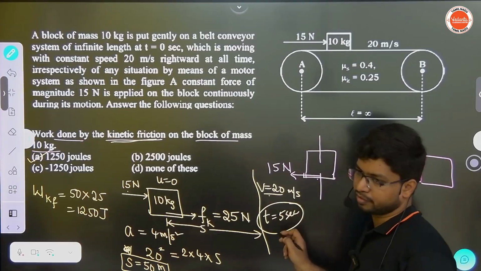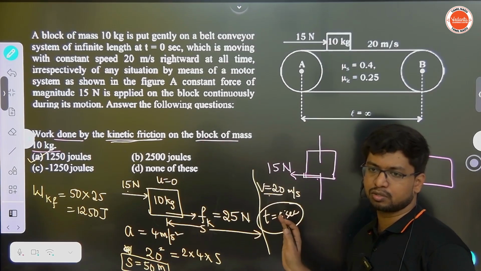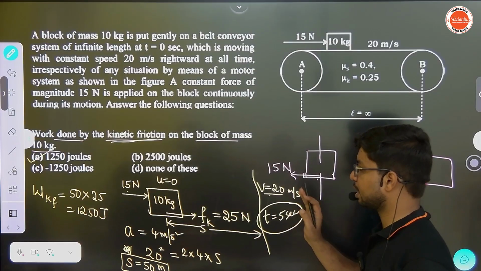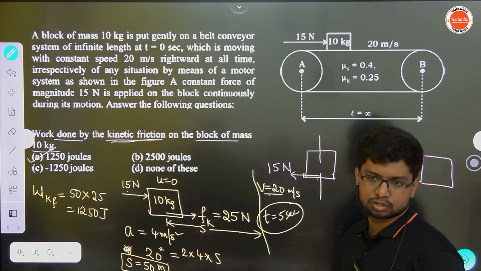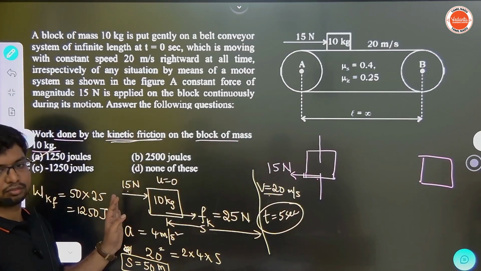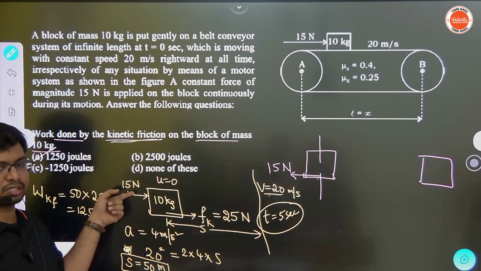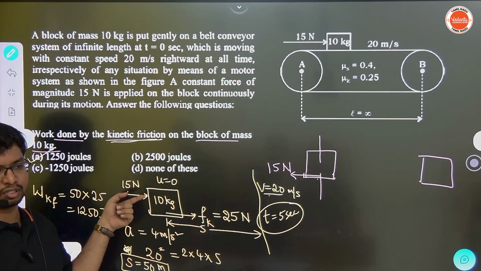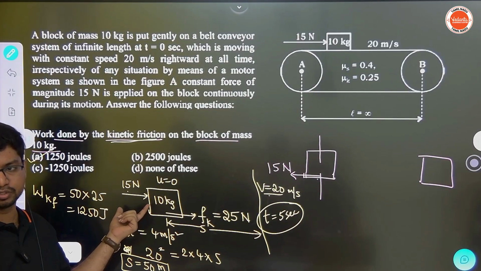That means only up to 5 seconds your kinetic friction will act. Then what will happen? Only static friction will act, right? If static friction is acting, what will that static friction be equal to? 15 only. If the applied force is less than the limiting friction, then the static friction is equal to the applied force.